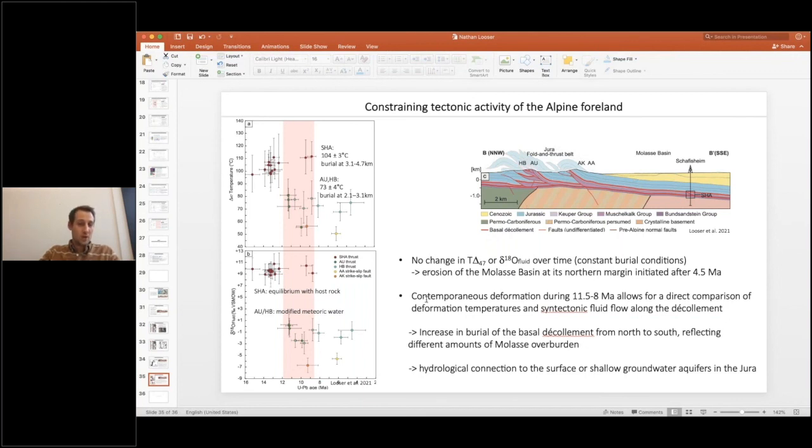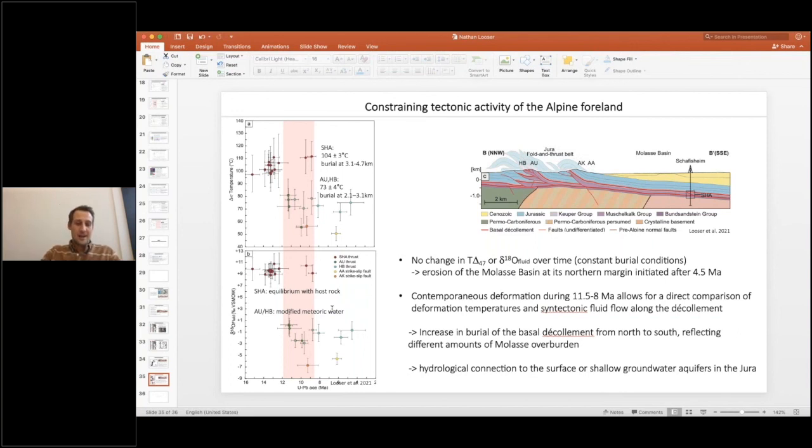What you can see is actually at Schafisheim we have a fluid of +9, which is in complete equilibrium with the host rock, while in the Jura Mountains we have fluid compositions that are clearly meteoric influenced. That means that there was a hydrological connection to the surface, or at least shallow groundwater aquifers in the Jura Mountains.